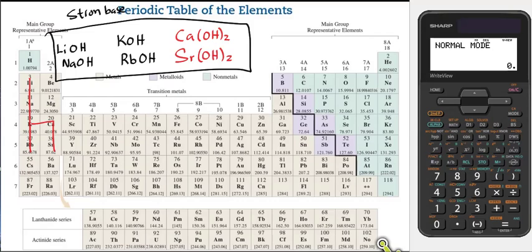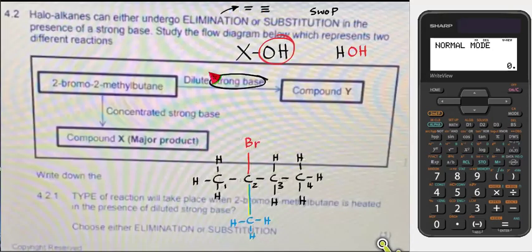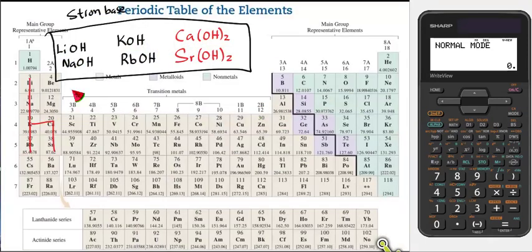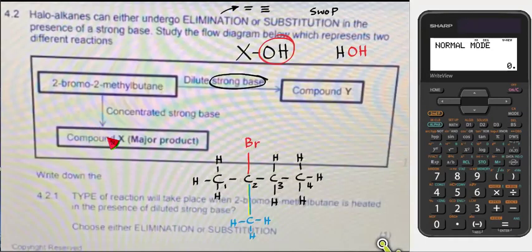Strong base, sorry about that one. They say diluted strong base. When it's diluted, it's no longer really concentrated, it's not really strong. So those ones, you can say they belong here.